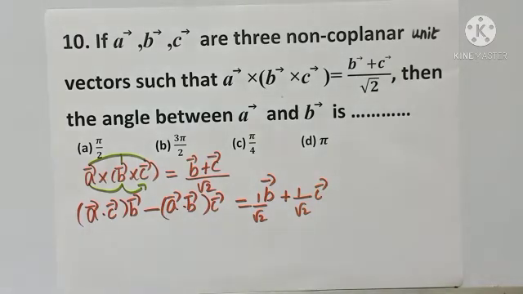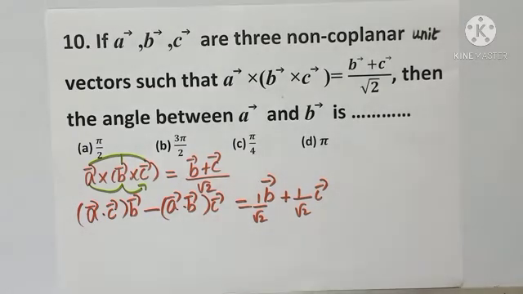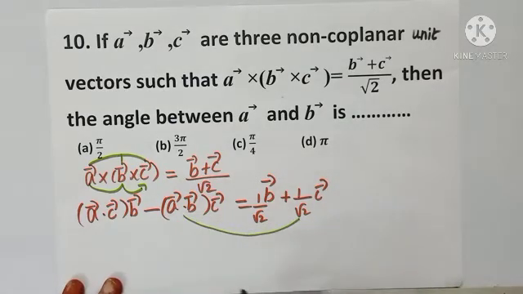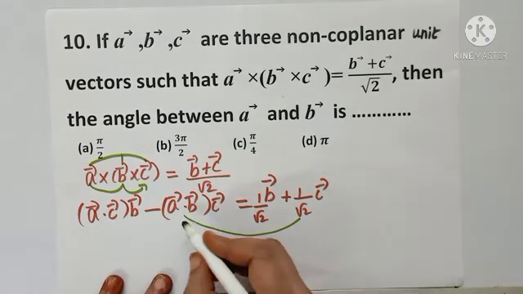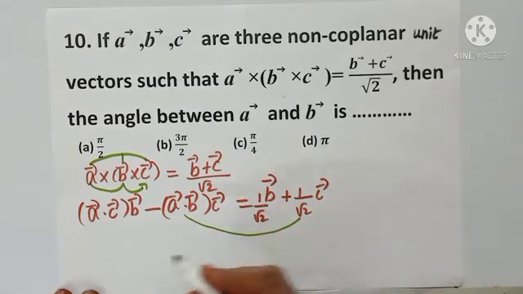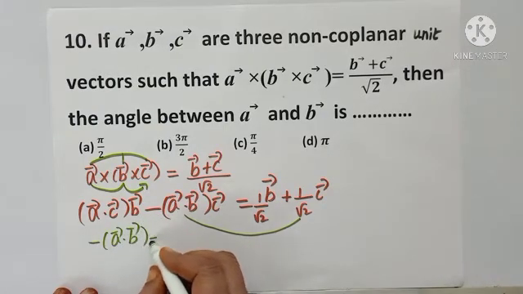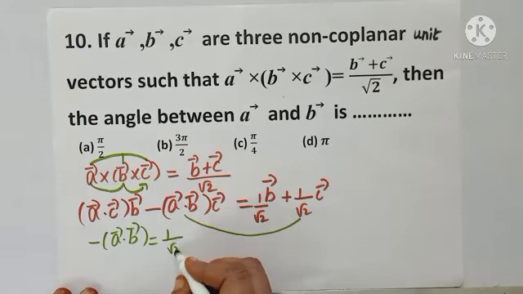My question is the angle between A and B. So let me compare the coefficients of C vector on both the sides so that I will find out what is A dot B. As I compare, minus A dot B equals 1 by root 2.